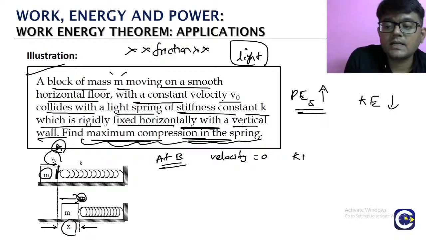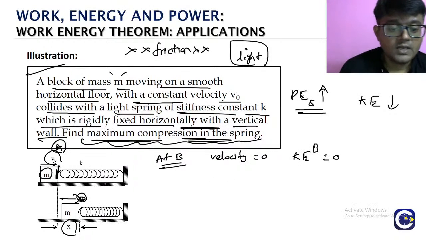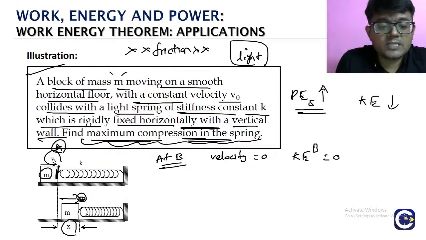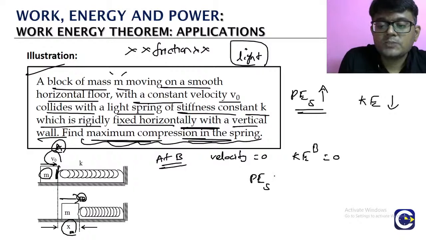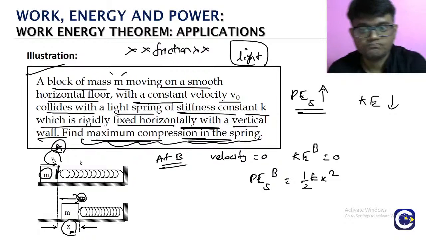That means kinetic energy at the point B is 0. If the spring is compressed by value x, then the spring potential energy at the point B is half kx square.